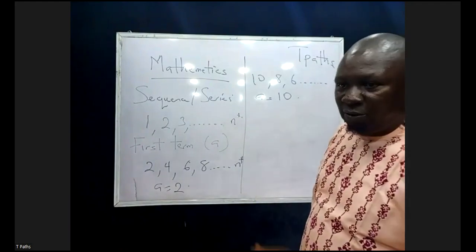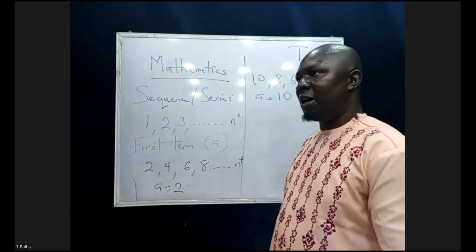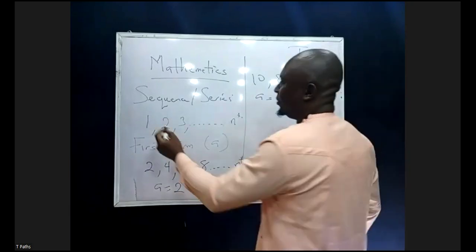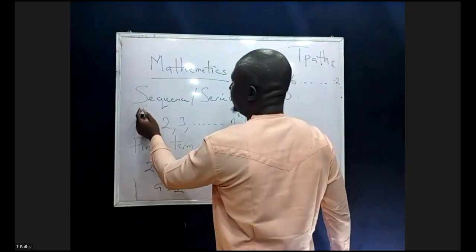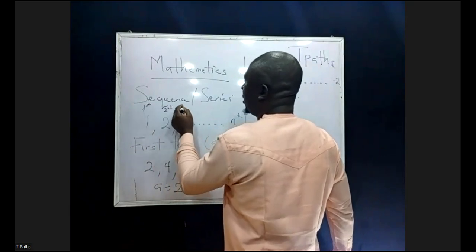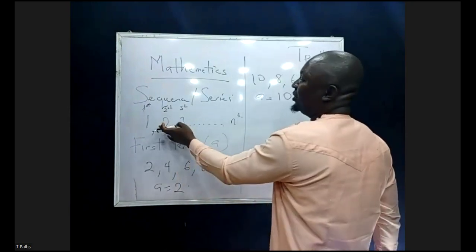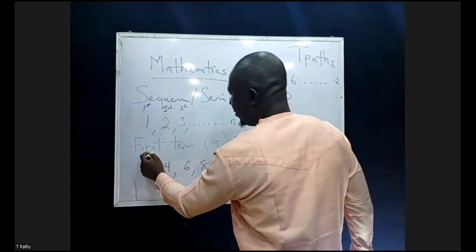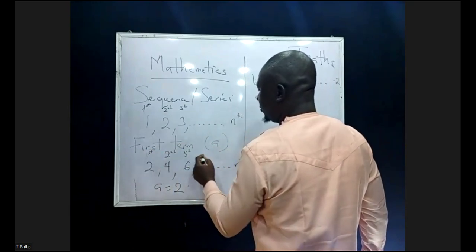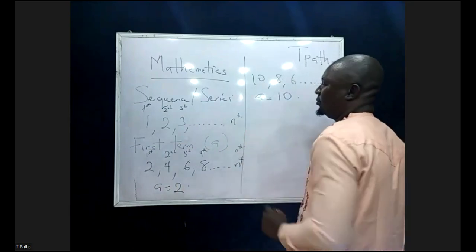No. The first term is very important because from it you can denote the second term, the third term. This is the first term, this is the second term, this is the third term, this is the fourth term, to the nth term.